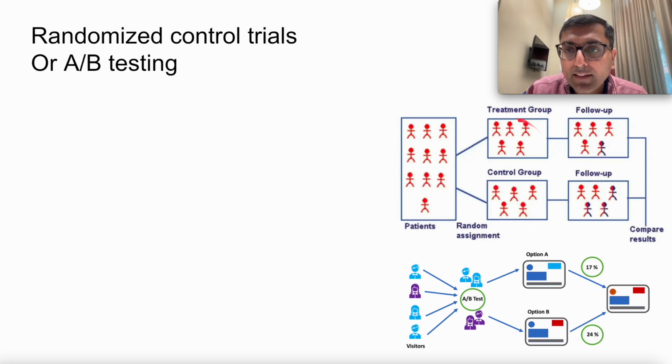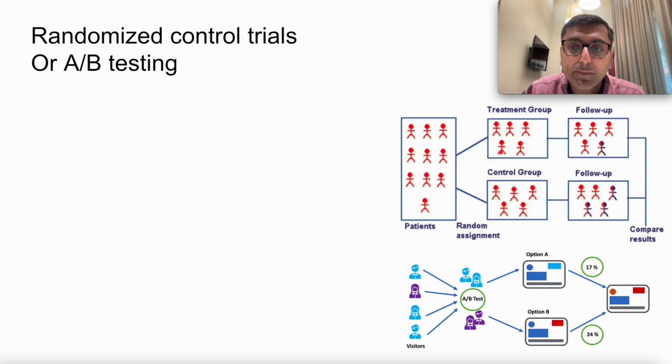So you can divide this group into 2 and then compare the results between your treatment group and your control group. So that's an A/B test or a randomized control trial. The randomized part here is that you randomly divide your patient pool into these 2 groups.